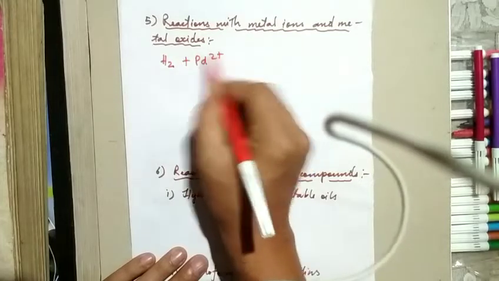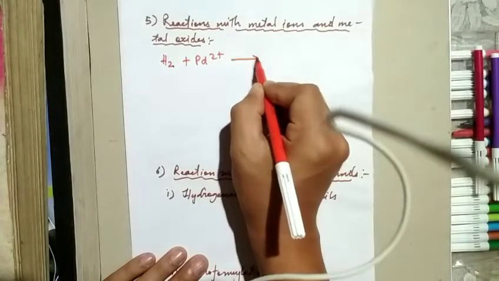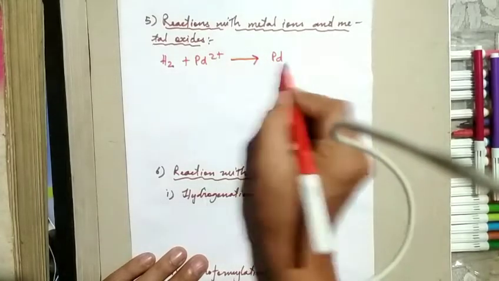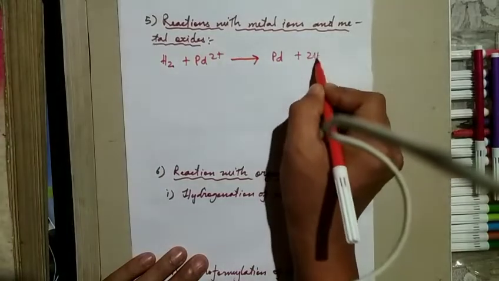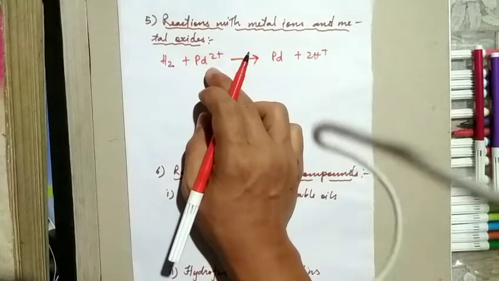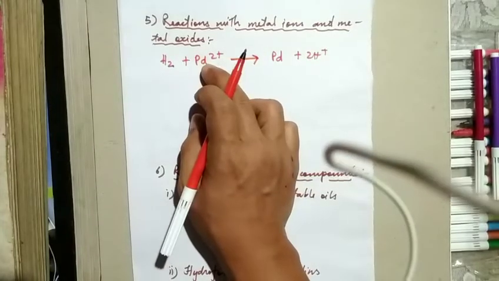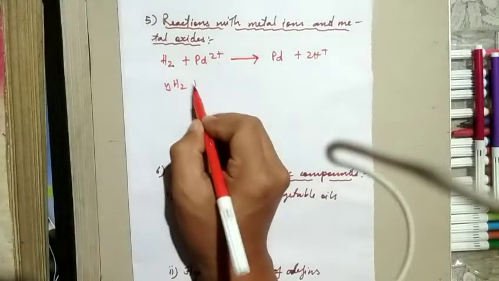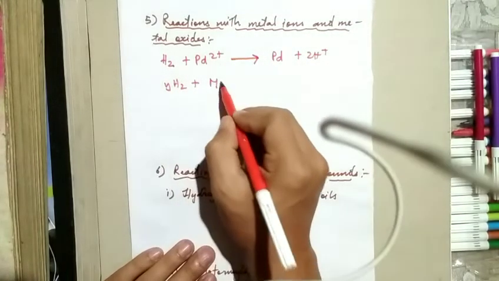Metal ions reduce to metal, from ion to metal, or metal oxides to metal. This is a general formula.